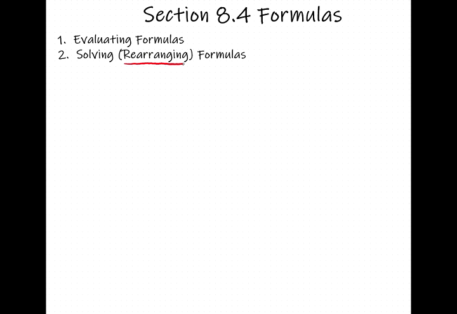So let's start with evaluating formulas. The word evaluating means plugging in numbers for variables. Okay, so remember, a variable is a temporary placeholder for a number.